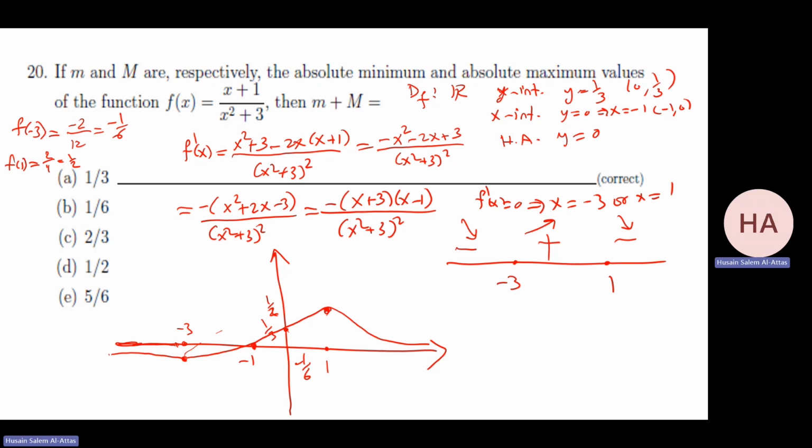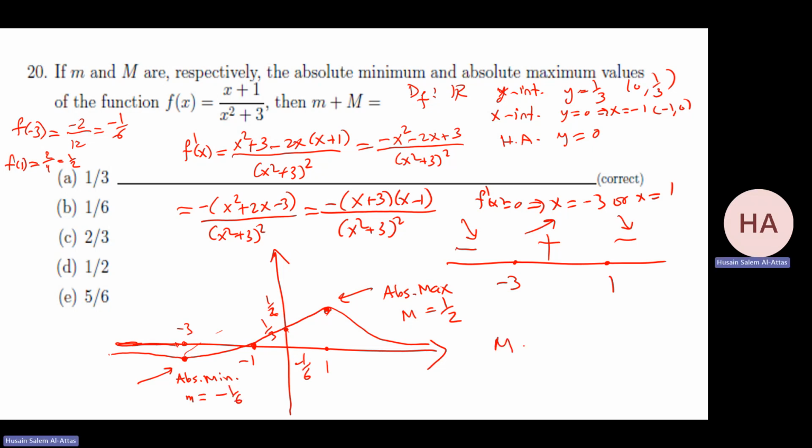Okay, so very clear. I have an absolute minimum here from the graph, and I have an absolute maximum here. So what is the absolute maximum? Half. And what is the absolute minimum? Minus 1 over 6.